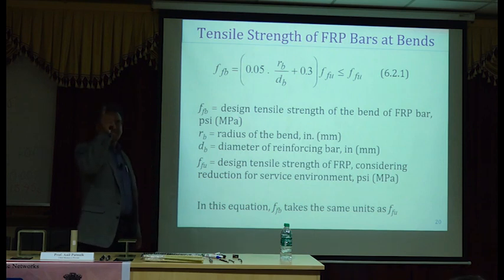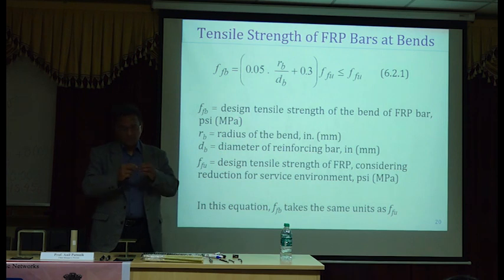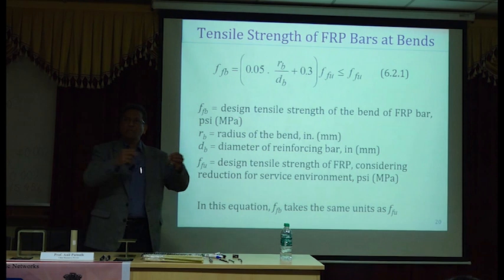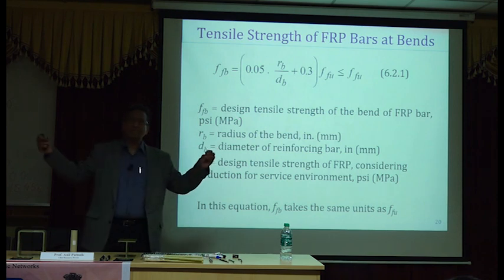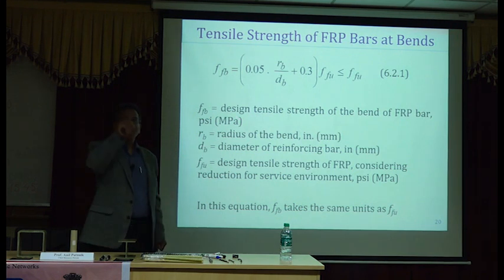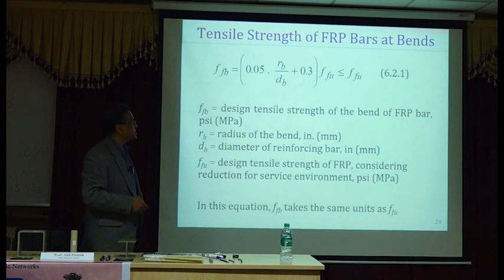Now, if you have bends, we need to fabricate our ties and stuff like that in bent condition. If you see a straight bar, the fibers are aligned in a straight line, right? So they will be okay. You have load transfer in a straight line. But if you have bends, the strength of the bend is smaller than the straight bar.